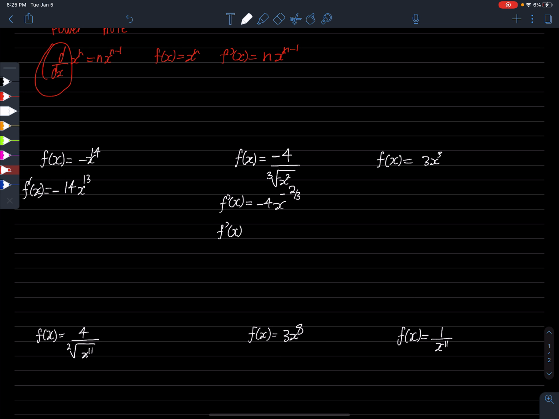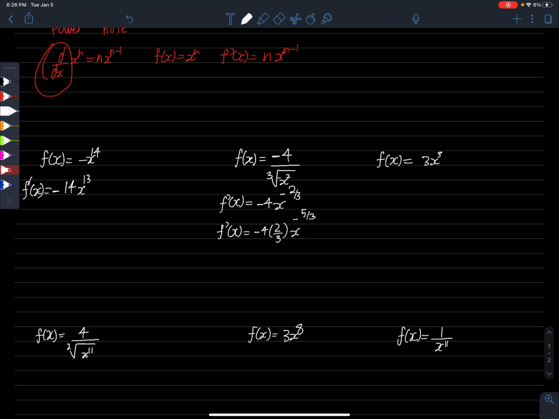So then you have f prime of x is equal to negative 4 times 2 over 3 times x to the negative 2 over 3 minus 1, which gives you negative 5 over 3.